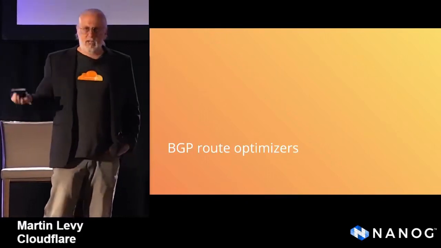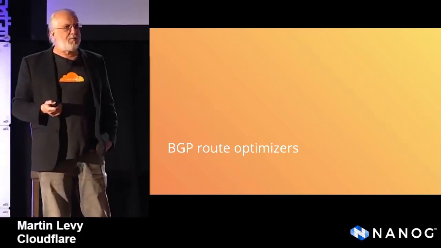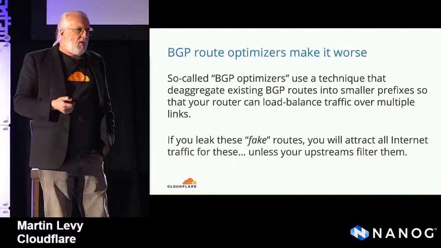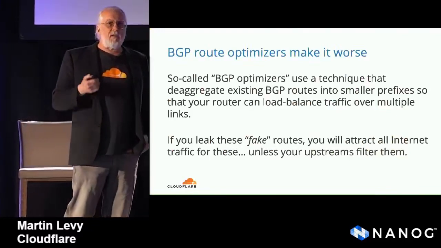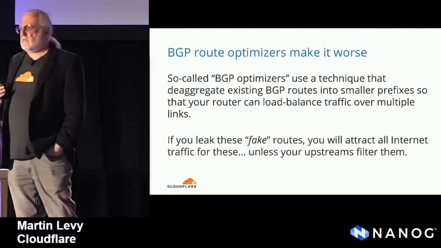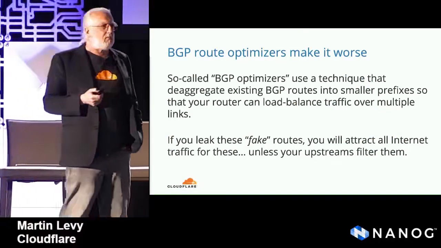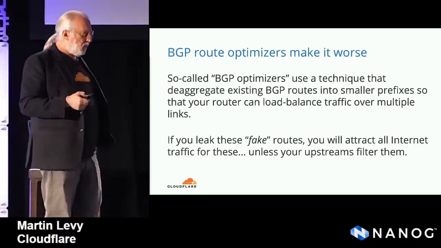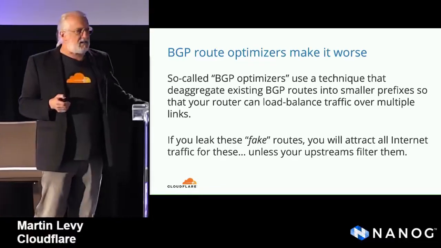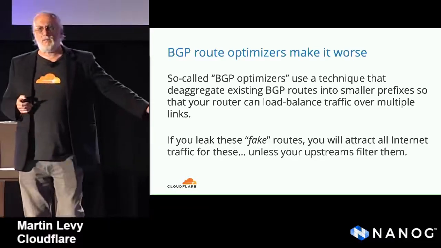So now, changing the subject slightly, route optimizers are about improving the internet for whichever customer plugs one in. It seems, and we seem to have the proof on this day, that it doesn't optimize it for the rest of us.